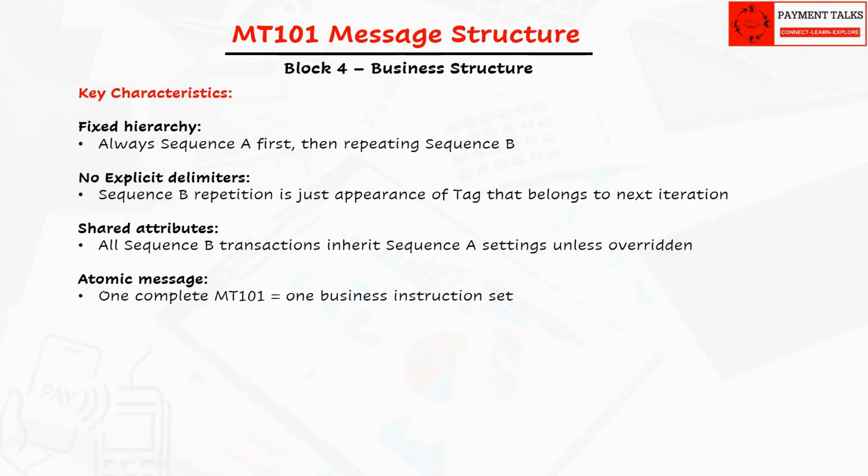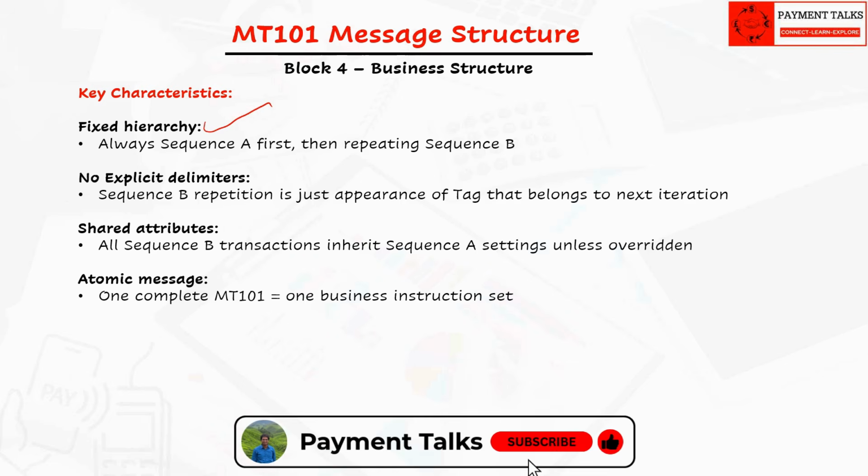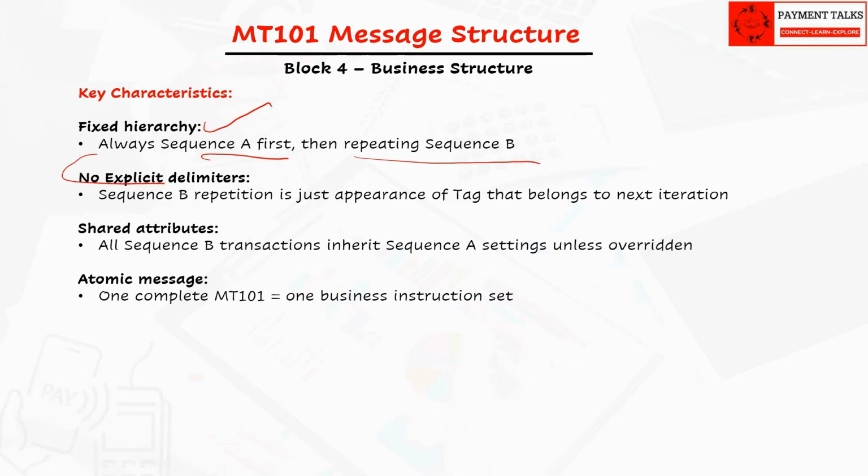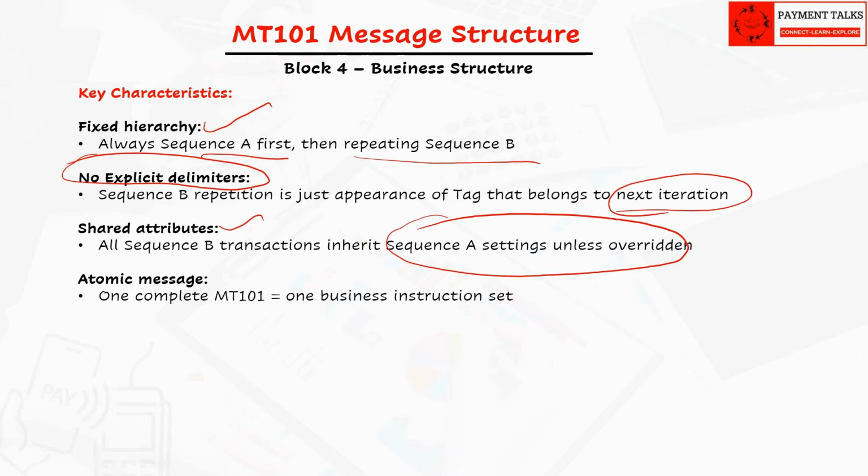Key characteristics are fixed hierarchy, meaning always sequence A first, then repeating sequence B. No explicit delimiters. Sequence B repetition is just the appearance of a tag that belongs to the next iteration. Shared attributes: all sequence B transactions inherit sequence A settings unless overridden.